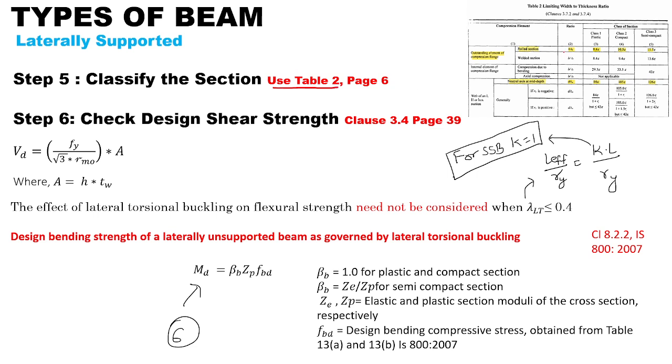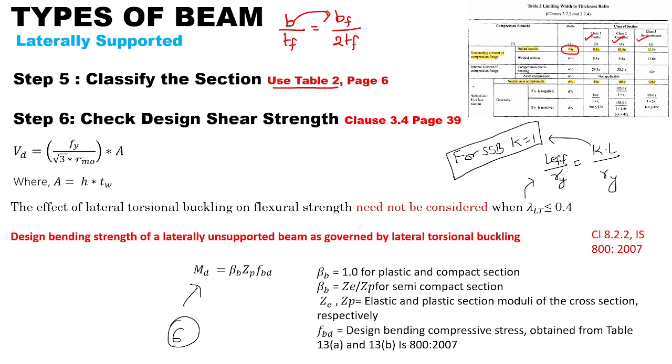So in table 2, the classification is done like here. The ratio of B by TF is calculated, and B by TF will be BF divided by 2 TF, because this B is equal to BF by 2, where BF is the flange width. So we calculate this ratio and we check whether it is plastic, compact or semi-compact.